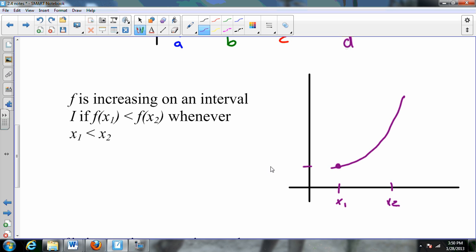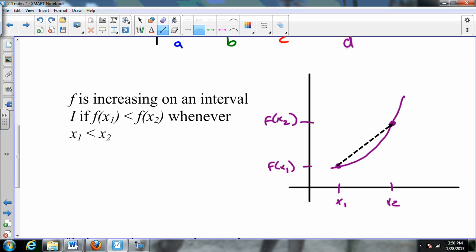Its corresponding y values are f of x1 and f of x2. We can see that it's increasing on this given interval, and x1 and x2 create the interval.